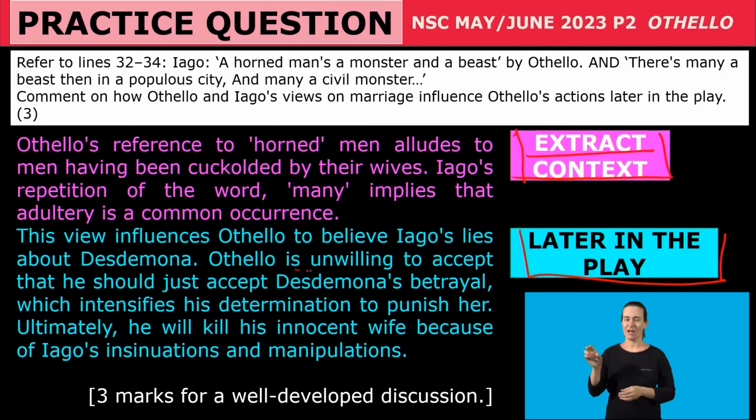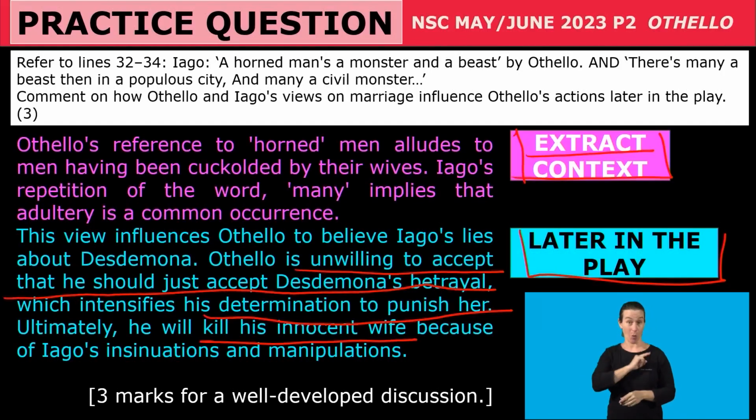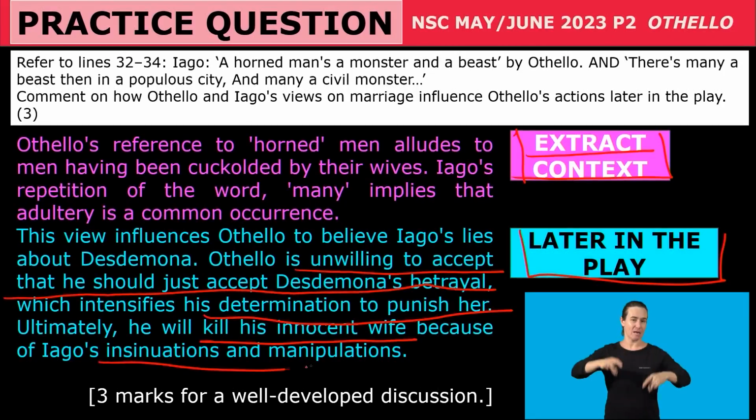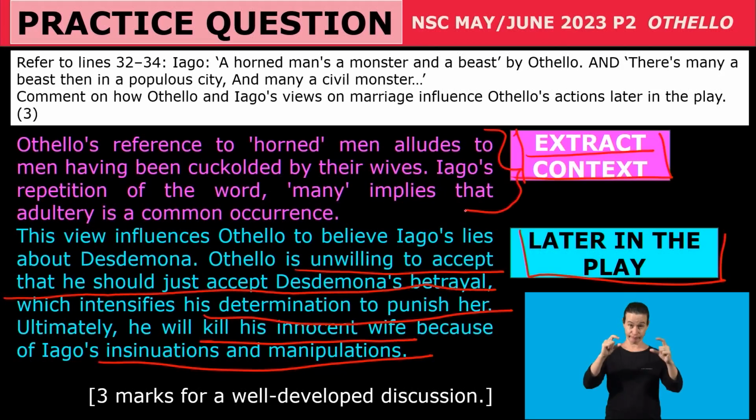Othello is unwilling to just accept Desdemona's betrayal, which intensifies his determination to punish her. Ultimately, he will kill his innocent wife because of Iago's insinuations and manipulations. So, we've looked at it from this extract and we've answered it later in the play.